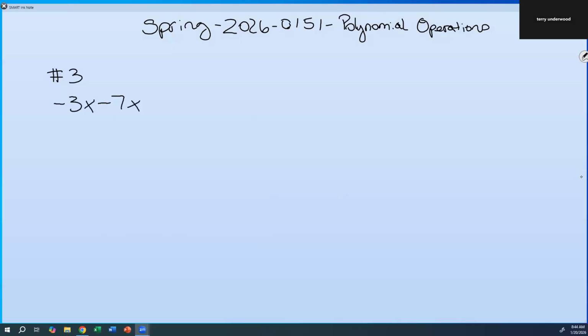The only reason that we can subtract these two polynomials is because they are like. What makes two polynomials like? Both have the same variable. Both have an x as a variable. And again, the understood power: if you don't see a power in 3x, you know the power is 1. And if you don't see a power or exponent for 7x, it is 1.